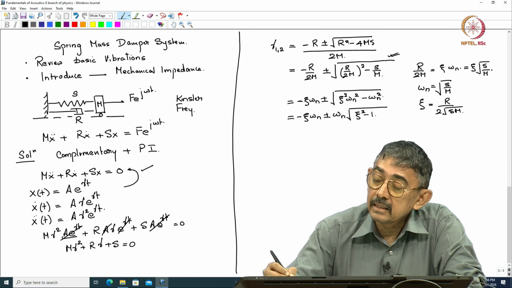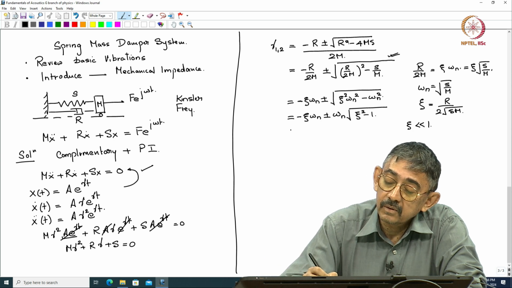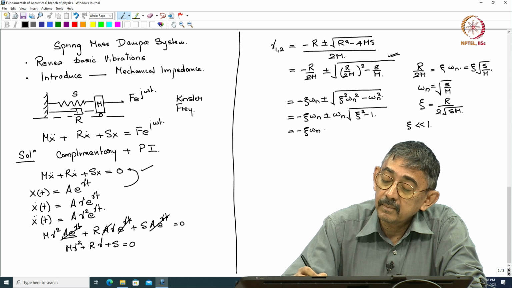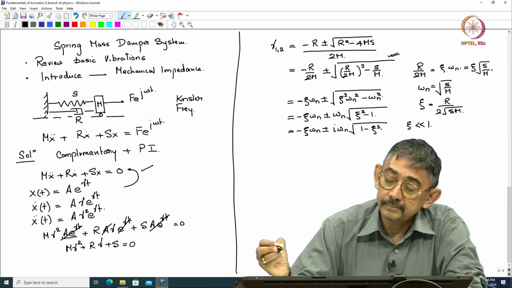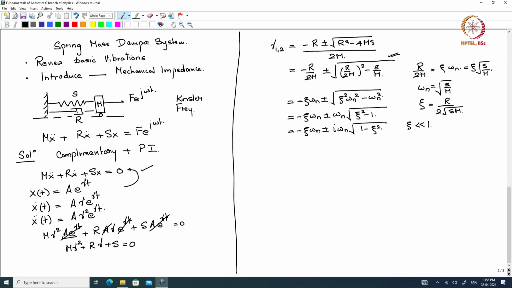Typically this xi is much smaller than 1, and therefore we say minus xi omega n plus or minus j omega n square root of 1 minus xi square. So these are the two roots of this quadratic.